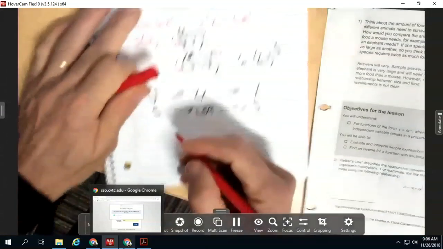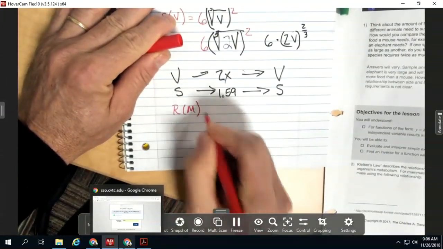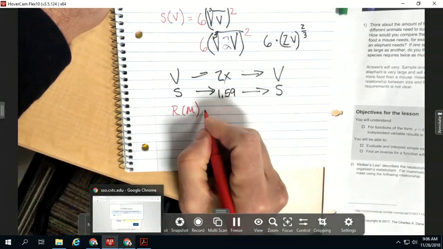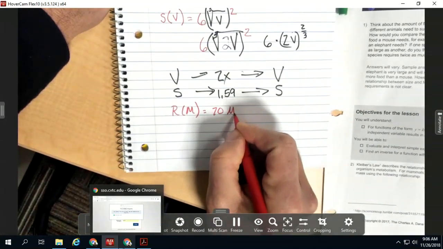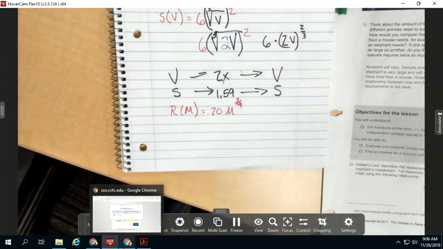Our formula is Kleiber's Law. Kleiber's Law says R as a function of the mass, in other words, the metabolism as a function of mass, is 70 times the mass to the 3/4.